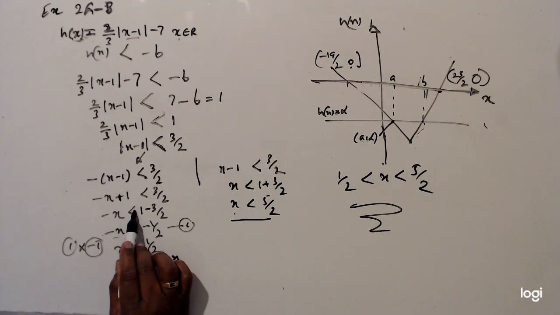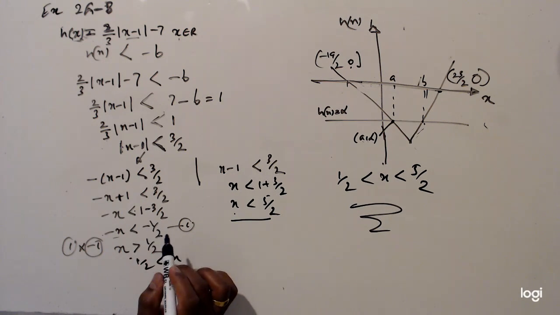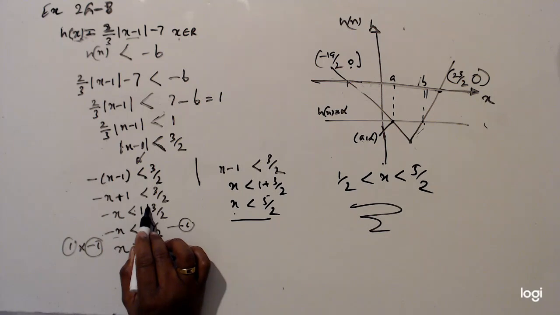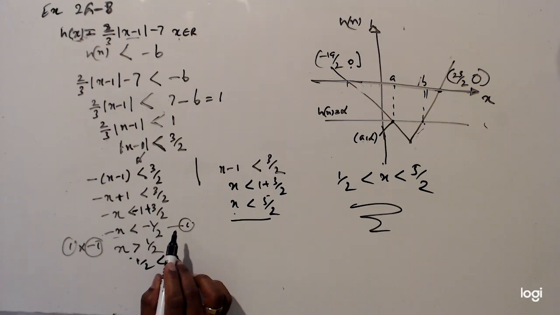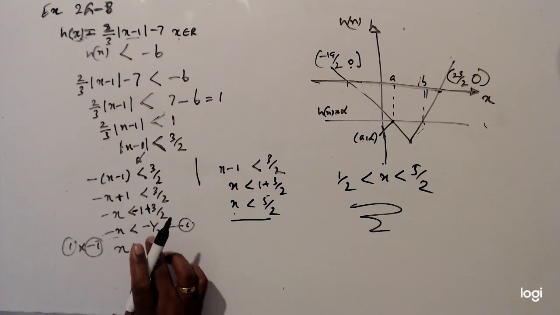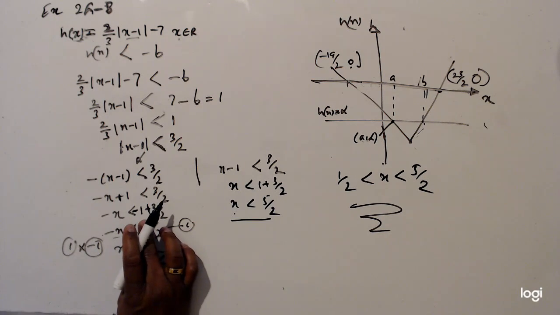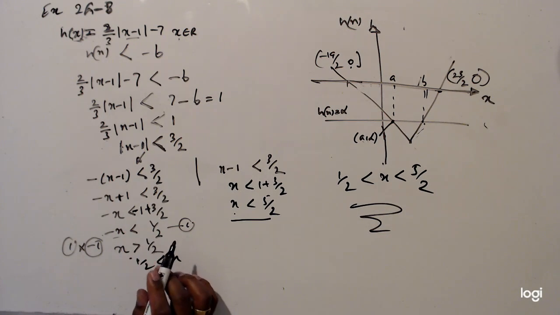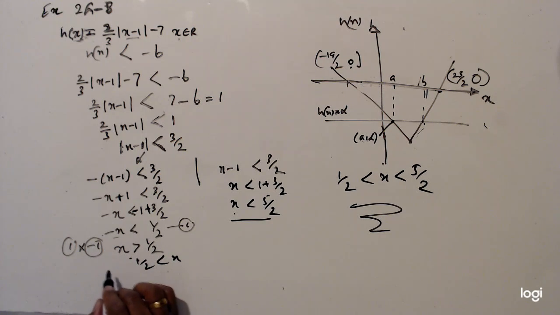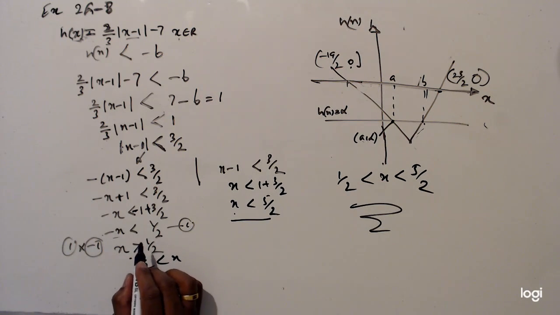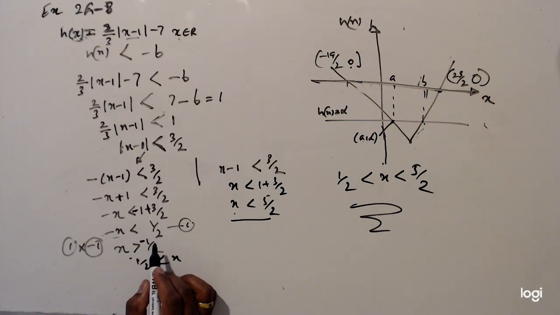Okay, so then this is negative, this is positive and this is negative. It means this is positive half. Then when I multiply, this is negative.